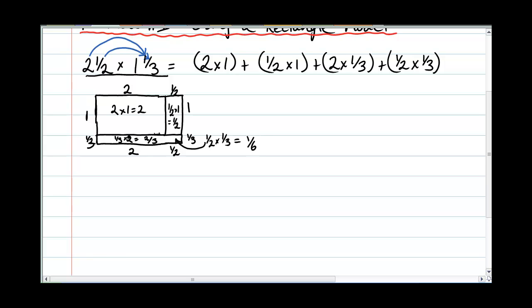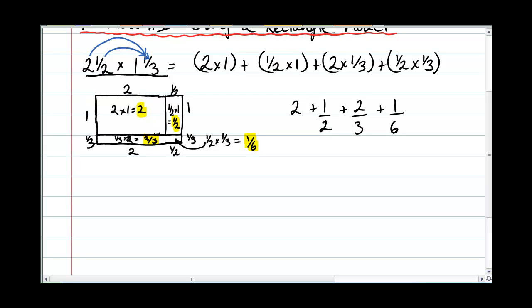So just to clean this up, we need to write out our answers: 2 plus 1/2 plus 2/3 plus 1/6. So I'm going to rewrite that here. Now I can add these fractions up.